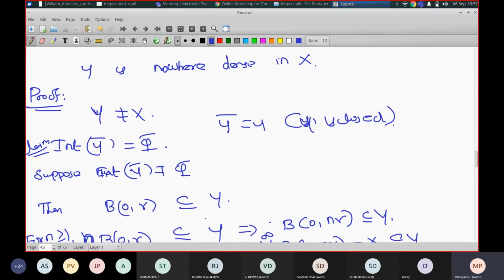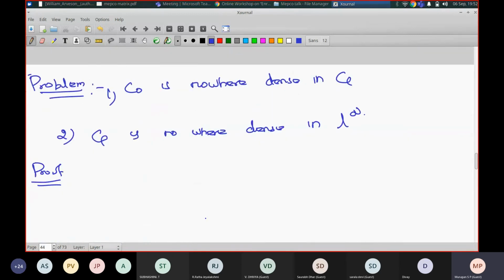So using this one, you can immediately say that c_0 is nowhere dense in c. Here c means the set of all convergent sequences.